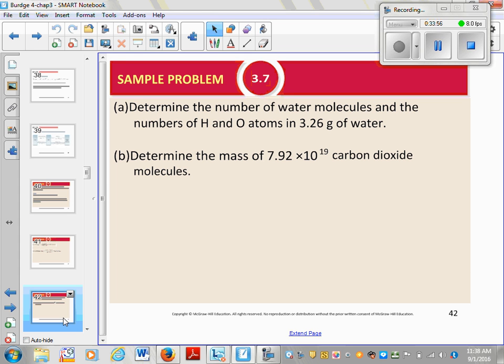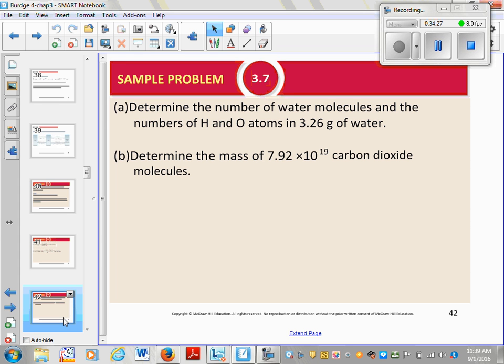What am I asked to find out? The number of molecules. So what would that be on the map? No. What are molecules? Particles. So I'm going to end up over here. How many streets do I have to go down, according to the map? 2. So I'm going to have 2 conversion factors.